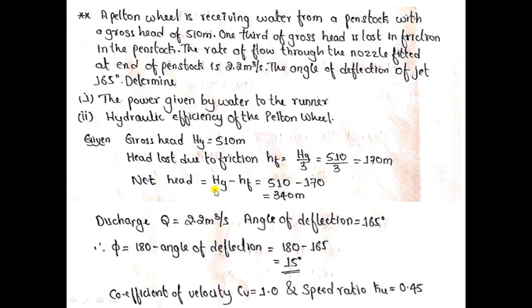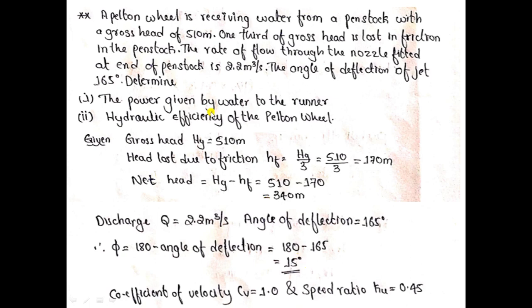The net head is given by the gross head minus the loss of head due to friction, which is 340 meters. And discharge is given, which is 2.2 meter cube per second, and the angle of deflection has been mentioned, which is 165 degrees. Therefore, phi is given by 180 minus the angle of deflection, which is 15 degrees.